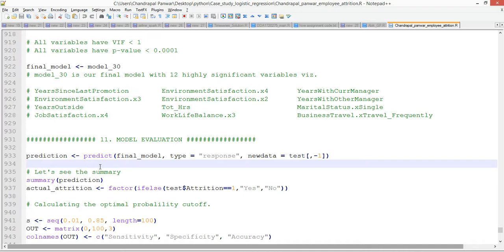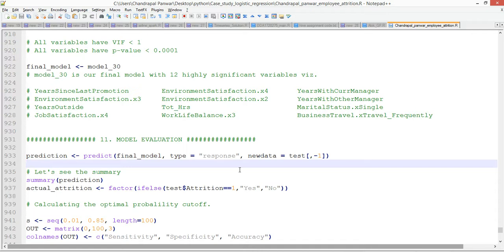Job satisfaction is also decreasing with the passage of time, and if a person has not been promoted for a long time, this is also causing a problem. Lack of work-life balance, very high working hours, and lack of environment satisfaction are the reasons we found from logistic regression which cause an issue.